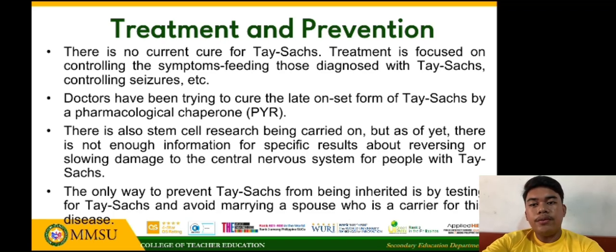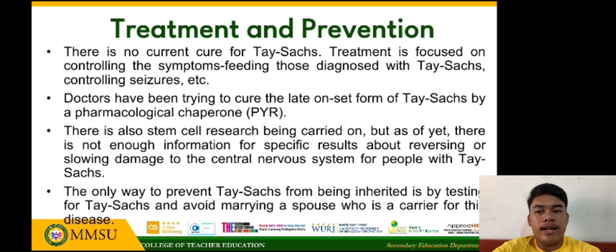There is also stem cell research being carried out, but as of yet, there is not enough information for specific results about reversing or slowing damage to the central nervous system for people with Tay-Sachs. The only way to prevent Tay-Sachs from being inherited is by testing for Tay-Sachs and avoiding marrying a spouse who is a carrier for this disease.